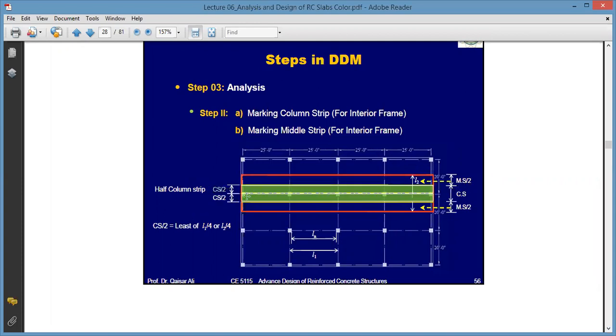There are two column strips on both sides, and combined we can call it the column strip. This is the column strip by this frame, and outside this the remaining portion is called the middle strip. Clear? Yes, sir.